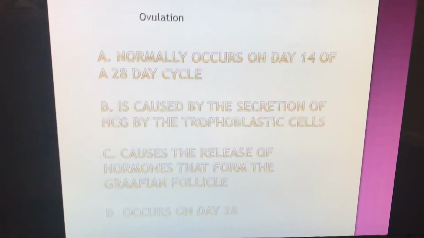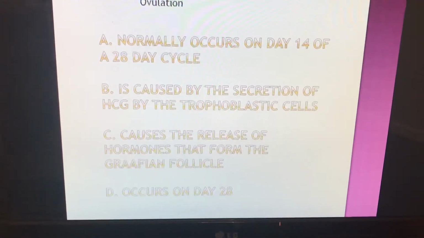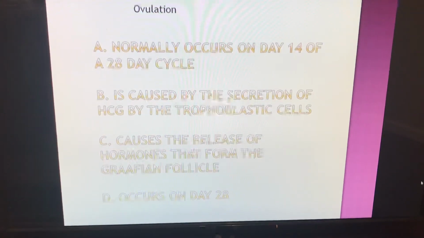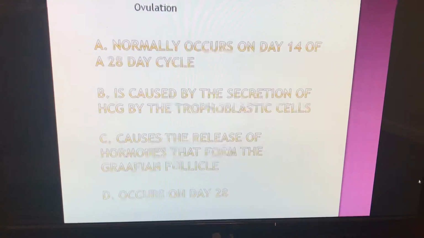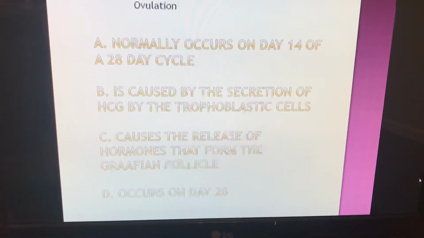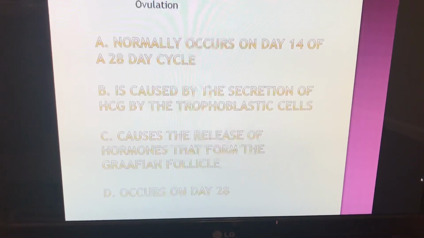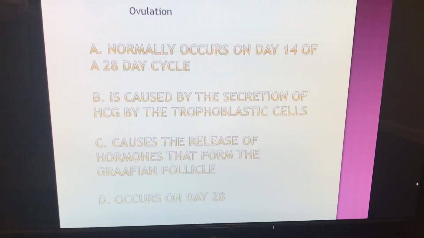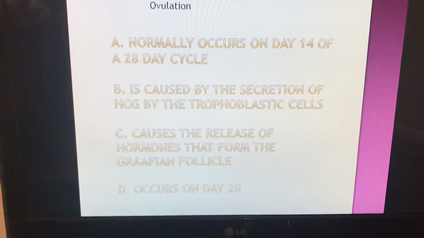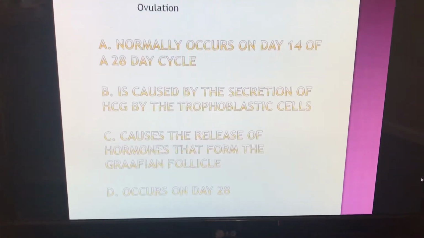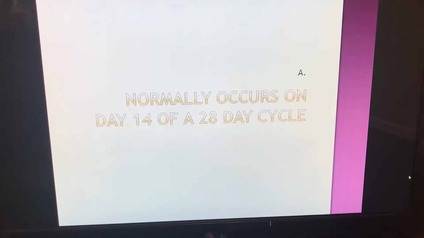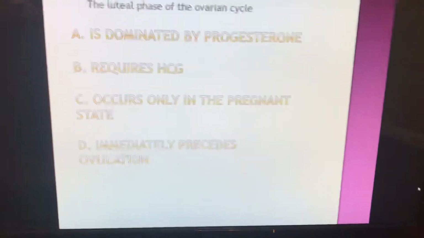Ovulation: A, normally occurs on day 14 of a 28-day cycle, B, is caused by the secretion of HCG by the trophoblastic cells, C, causes the release of hormones that form the Graafian follicle, or D, occurs on day 28. A, normally occurs on day 14 of a 28-day cycle.